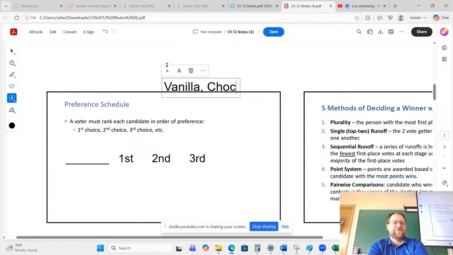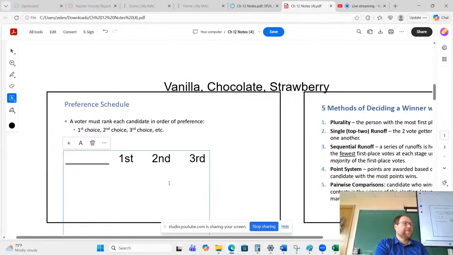Let's just do vanilla, chocolate, and strawberry as the three flavors you can pick from for this. Let's just go around the room here. How would you vote for that? Vanilla first, strawberry second, chocolate third.